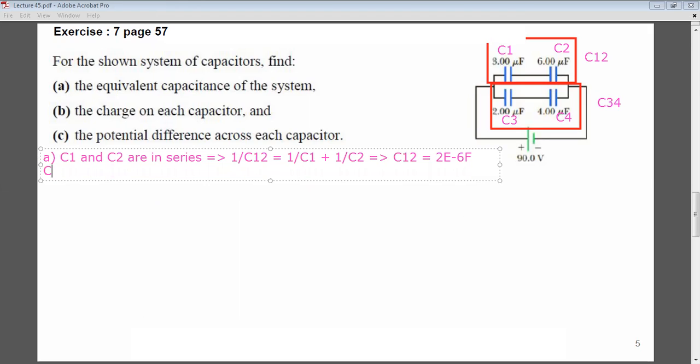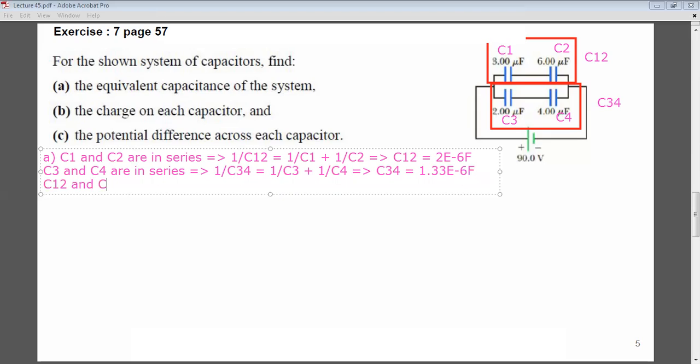And then C3 and C4: 1 over C4, 1 over C3, and we get 1.33 microfarad.